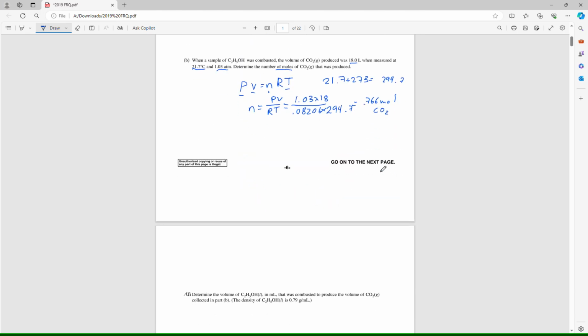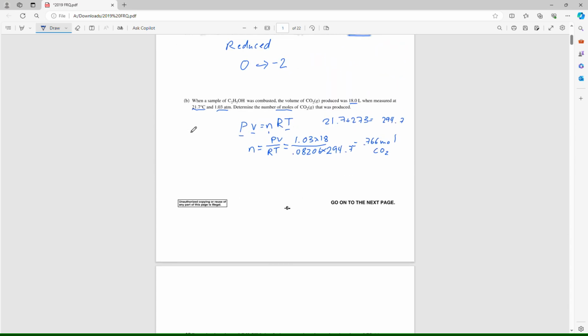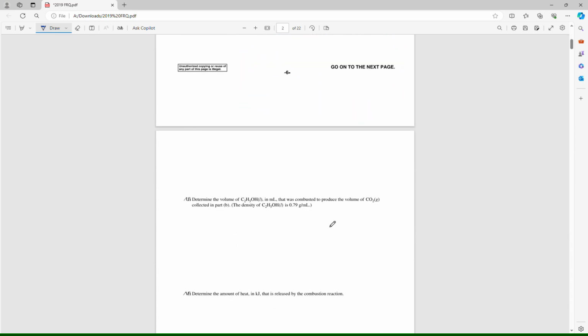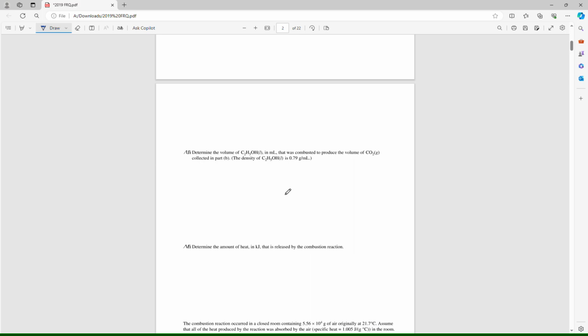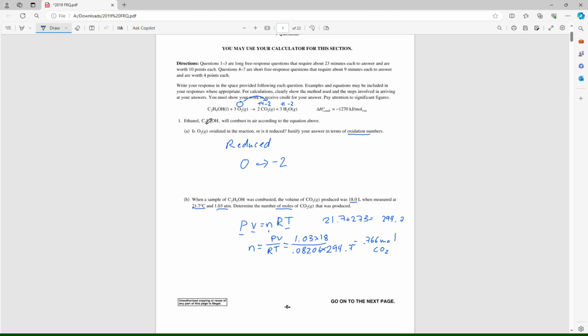All right. My paper started getting a little funky here when I printed it out, but this is, I guess, C part I. Determine the volume of C2H5OH in milliliters that was combusted to produce the volume of CO2 gas collected in part B. So the C2H5OH is our only source of carbon.